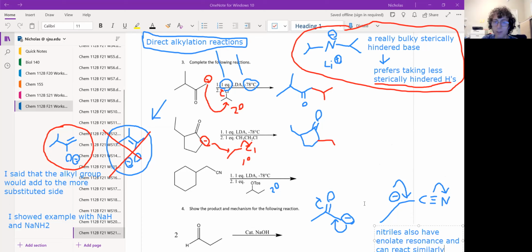So even though these are different from carbonyls, and it looks like a very different functional group, they behave the exact same way. If you add a base, you'll form an enolate, and then the enolate will react with the thing with the leaving group.